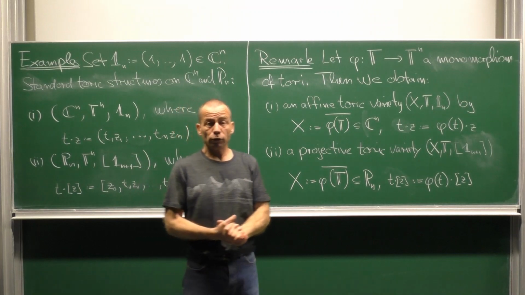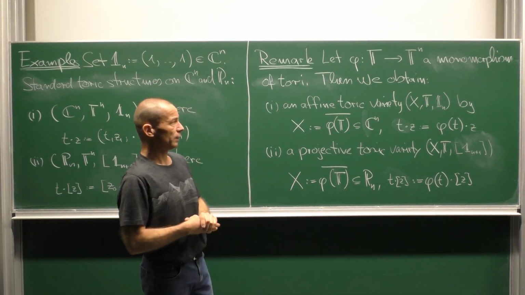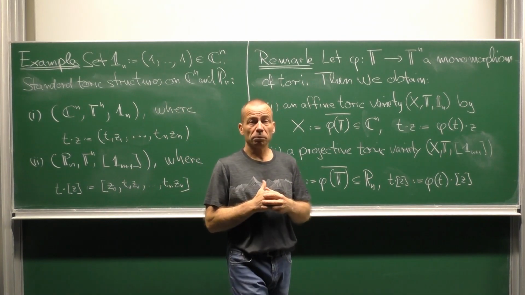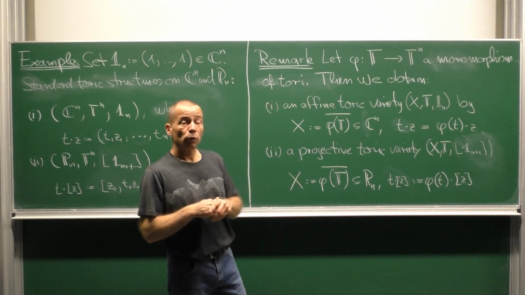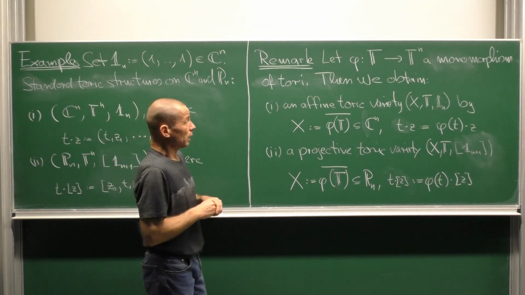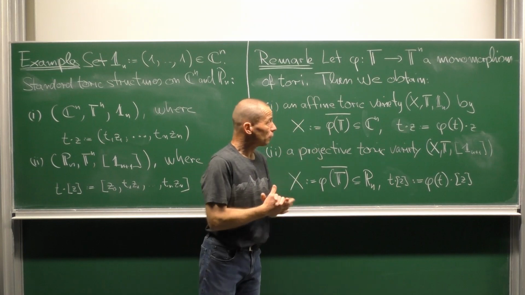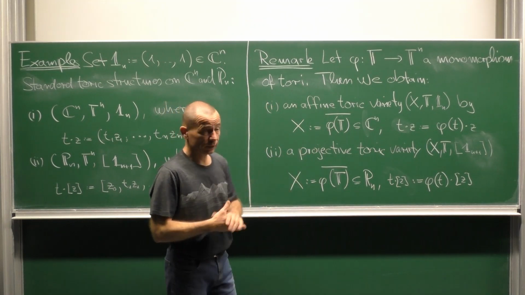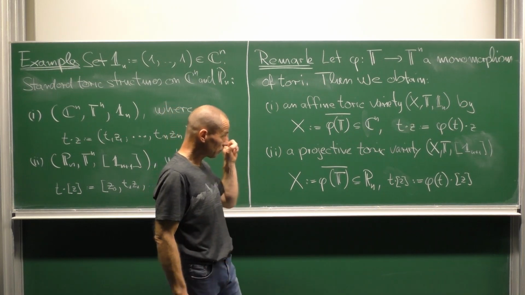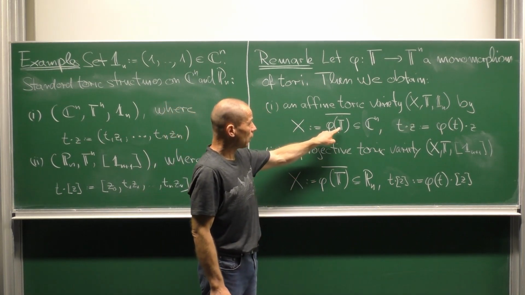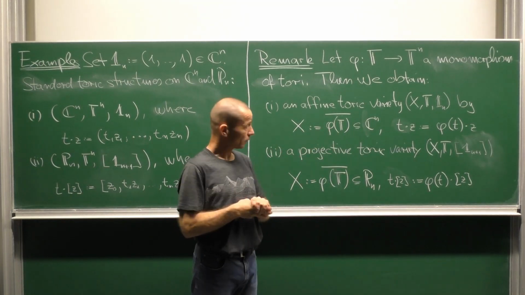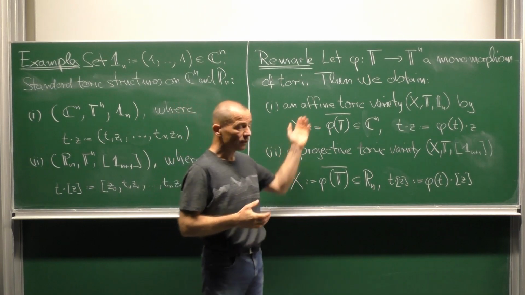Take any monomorphism phi of tori. That means phi is an injective group homomorphism and moreover a morphism of algebraic varieties. Then we can produce affine toric varieties using the standard toric structure on Cn as follows. We embed our torus T into the big n-torus via phi, and then pass to the closure.